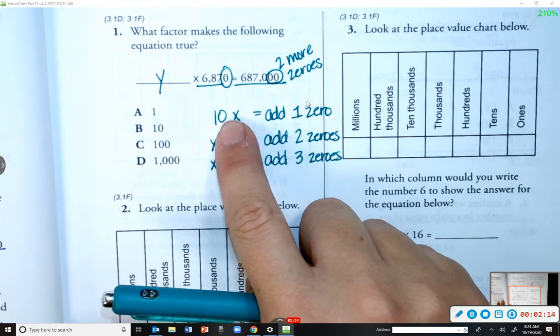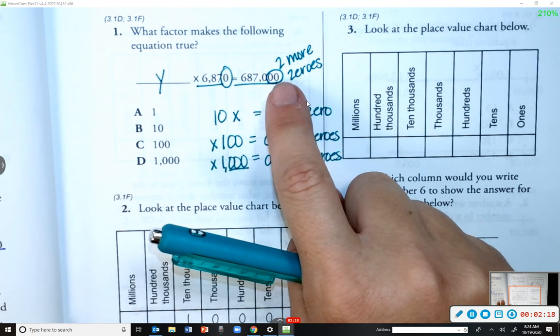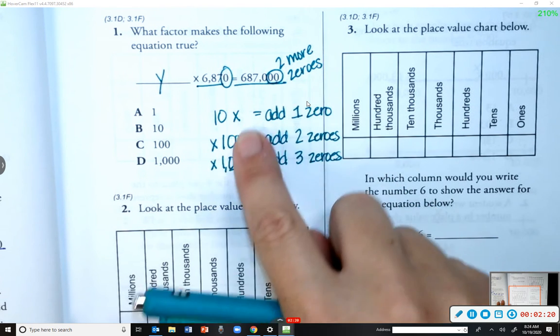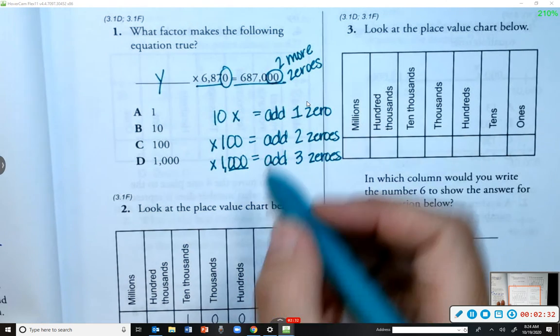So, since we added 2 more zeros to the end to get this answer, which one of these would I be multiplying by? Kelsey? 1,000. Nope. Aaliyah? 100, good.